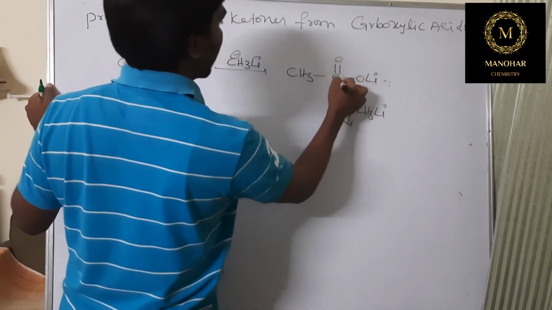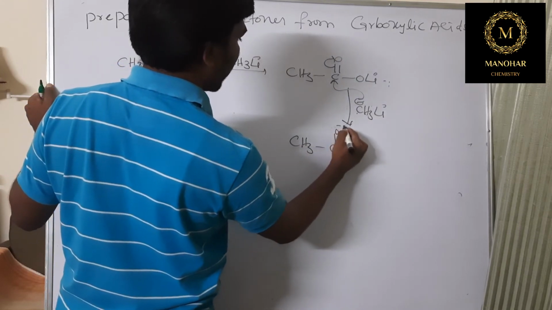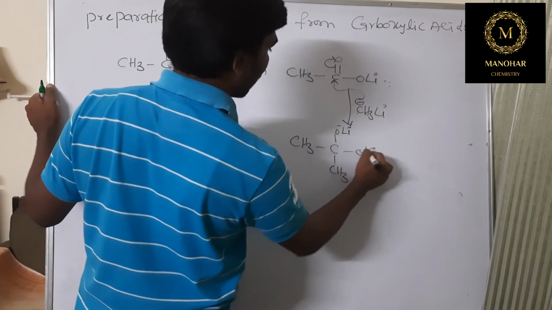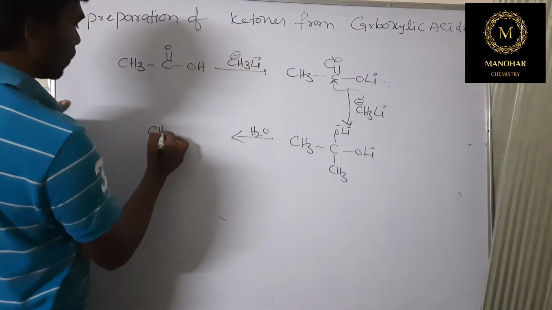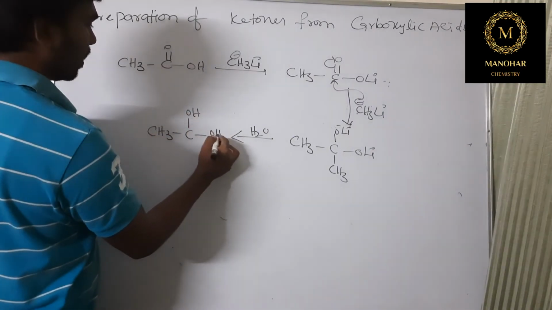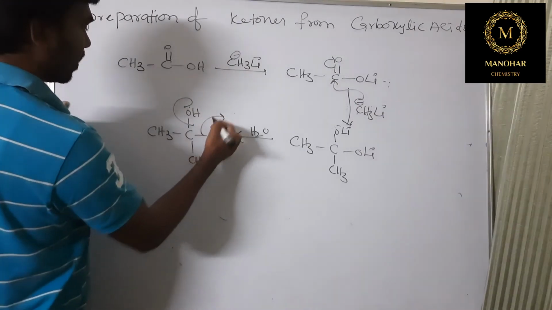Here it will attack like this, and it will shift. It is going to form CH3 O minus and Li. Here CH3 will form, here OLi will form. When it reacts with a water molecule, it is going to form CH3 C with two OH groups and CH3. Here it will shift like this.